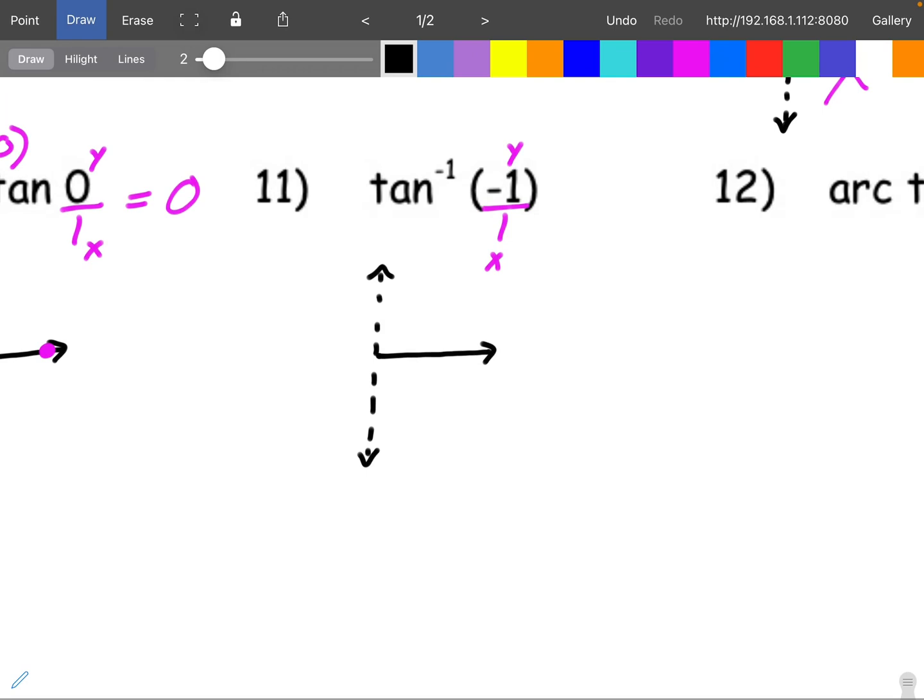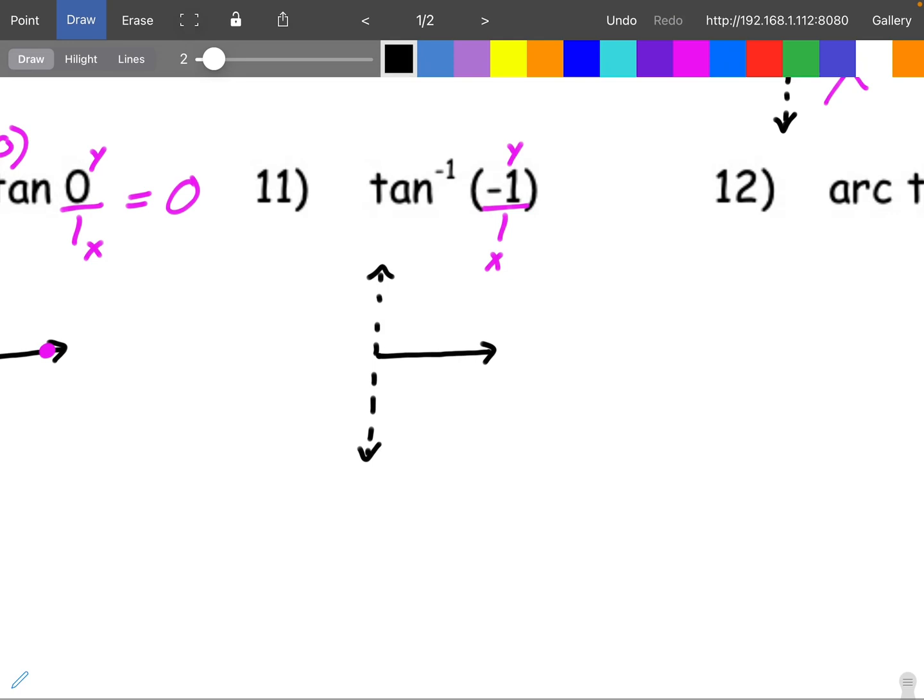However, think about it. If I'm going to have something simplified to give me 1, that tells me that the x and the y value have to be the same. However, since it came out to be a negative, that means one of them has to be positive, one of them has to be negative.